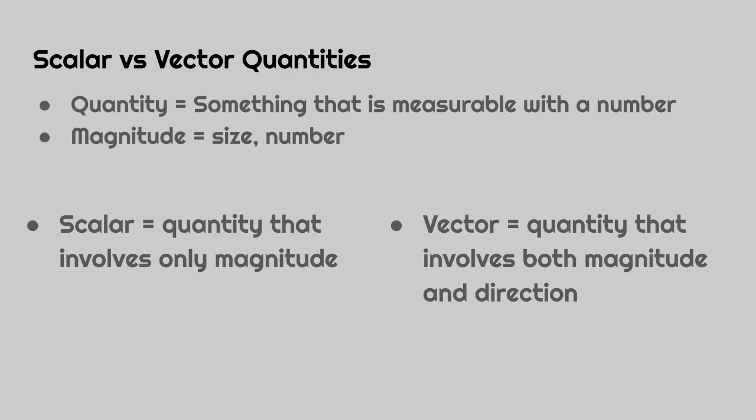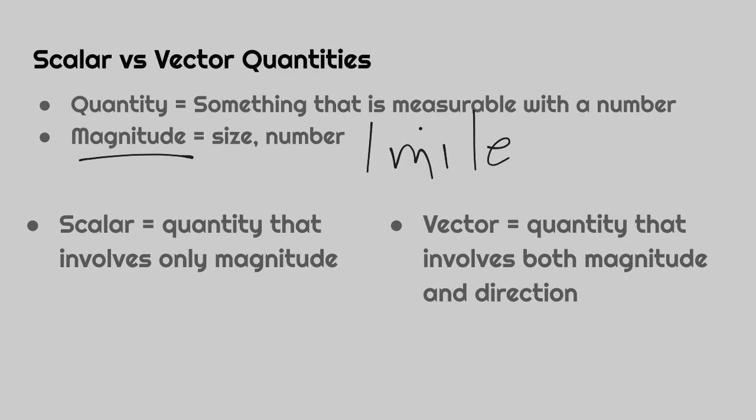So something that has a measurement of, let's say, 1 mile is a magnitude, and that is considered a scalar. Scalar involves magnitude only. So a scalar is 1 mile.